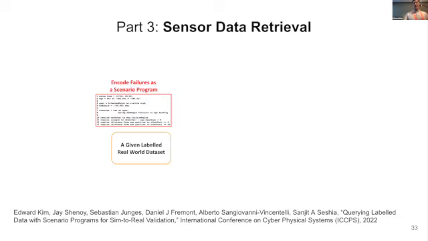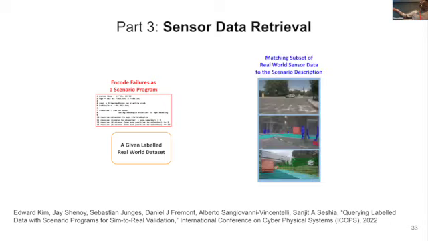So in this case, what we do is, given a Scenic program, let's say that you identified in simulation, that is modeling a distribution of failure scenarios. But that's for now what you found in simulation. And given a labeled real-world data set, we want to identify the matching subset of that real-world data set.